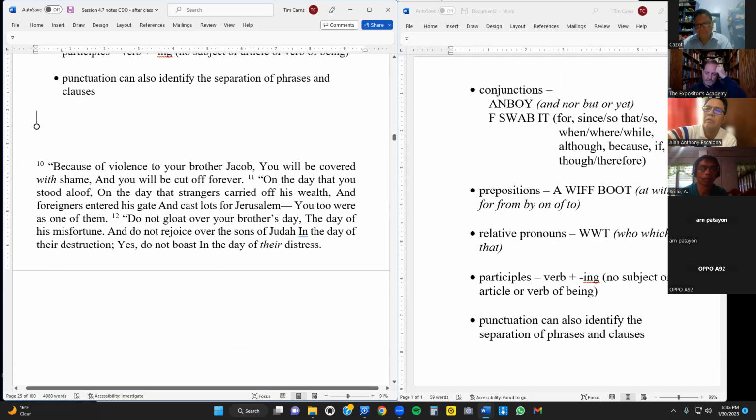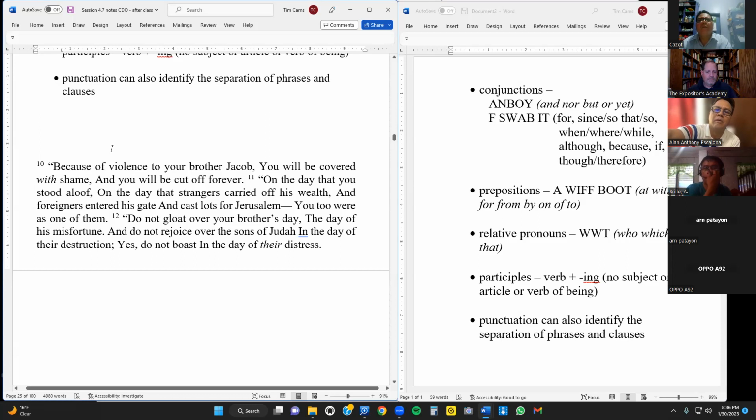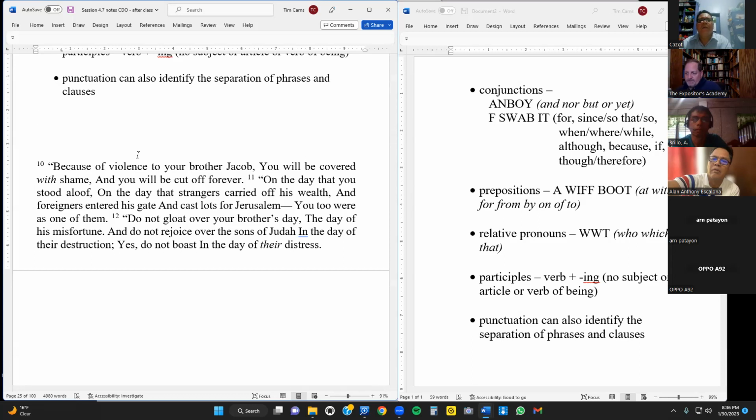I'll give you a minute to reread it, and then I'll call on you. Each of you will take a verse, and I'll ask you for those connector words. Just read through those three verses again a couple times, see if you can find the connector words. Okay.